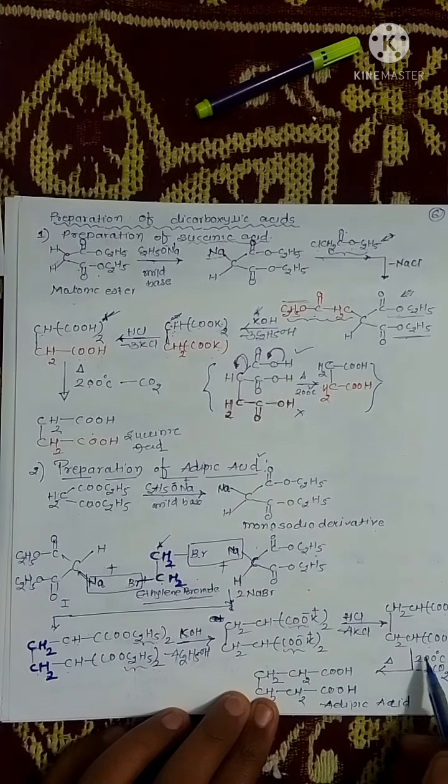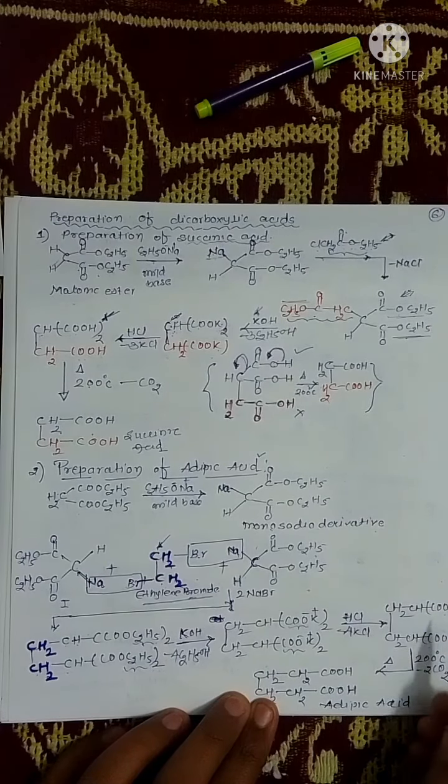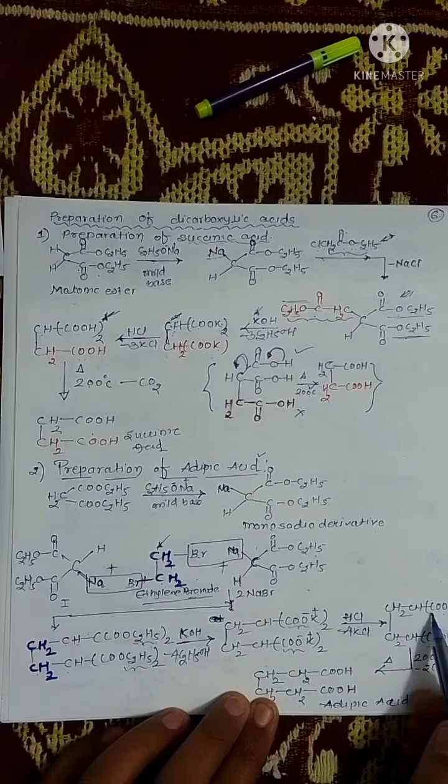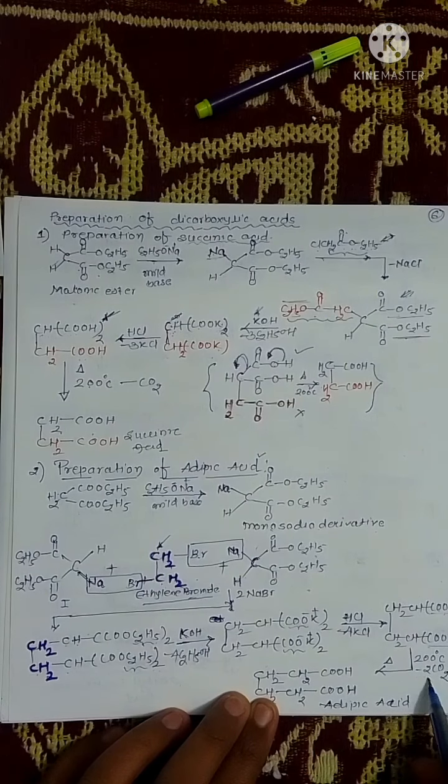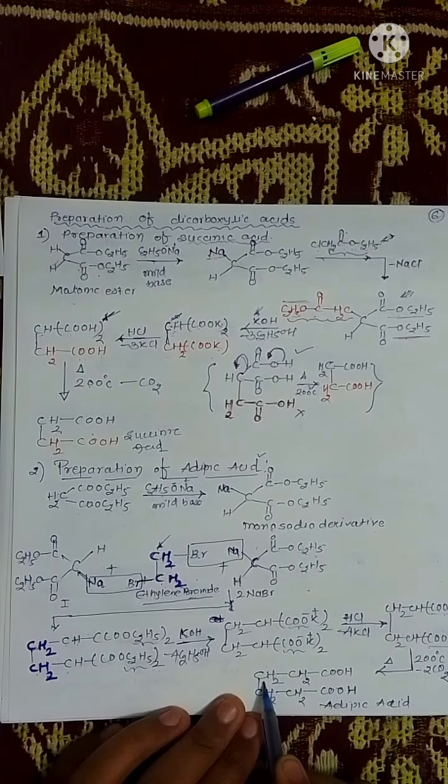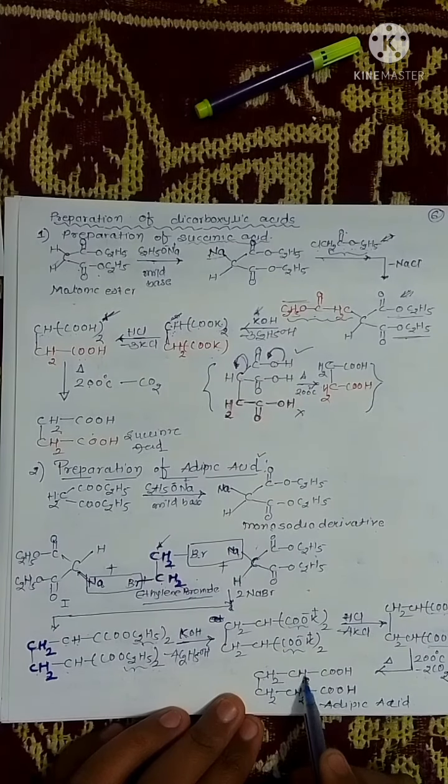When we heat this compound, one of the carboxylic acid groups from the upward side and one from the downward side get decarboxylated, and -2 CO2 molecules go out.